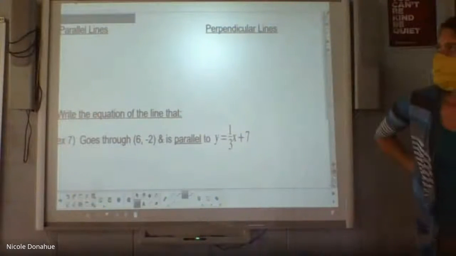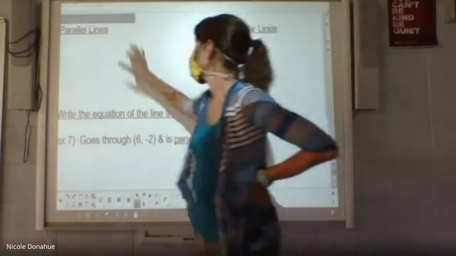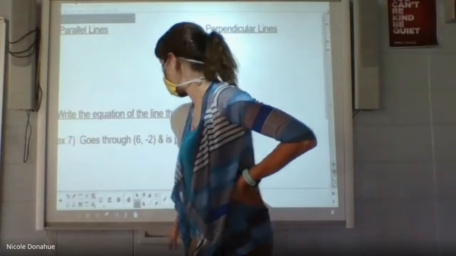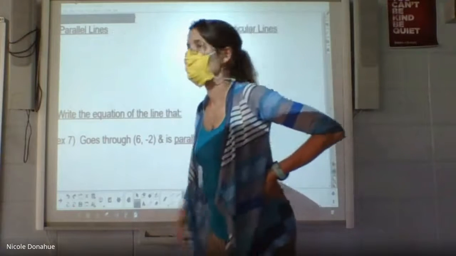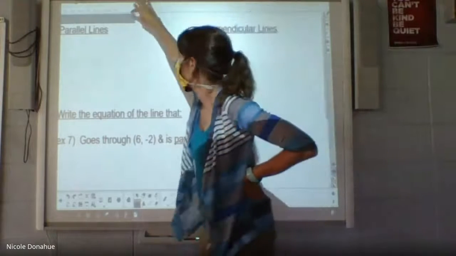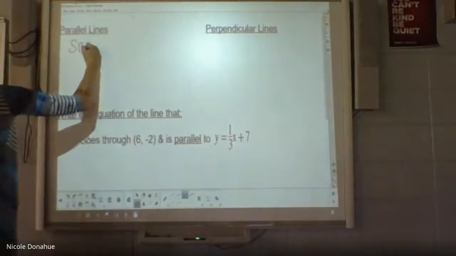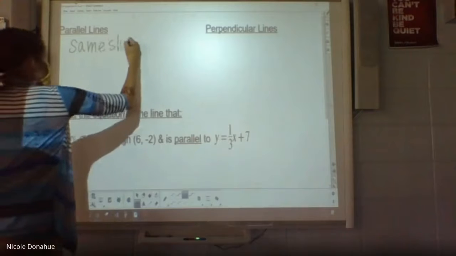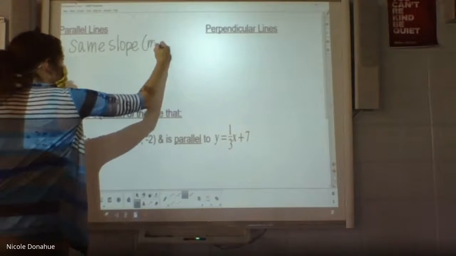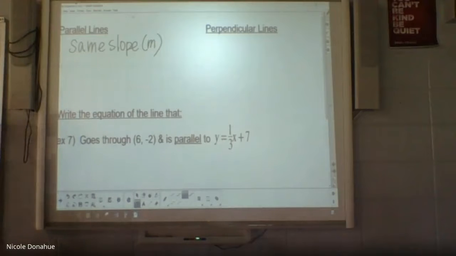We're on the back side of our notes on parallel and perpendicular lines. To remind you again what we know about parallel and perpendicular lines: parallel lines have the same slope, exactly the same slope.